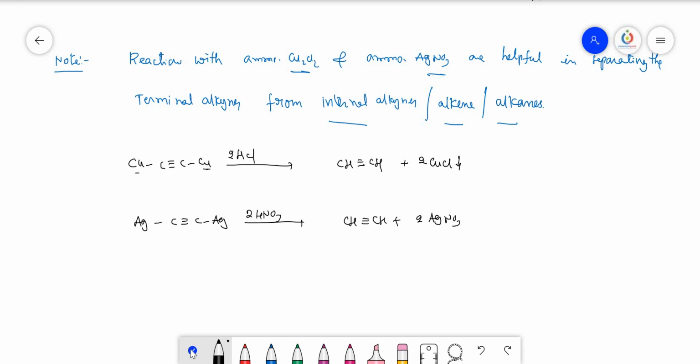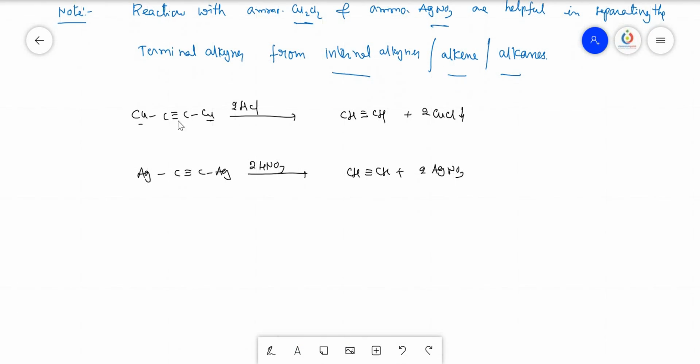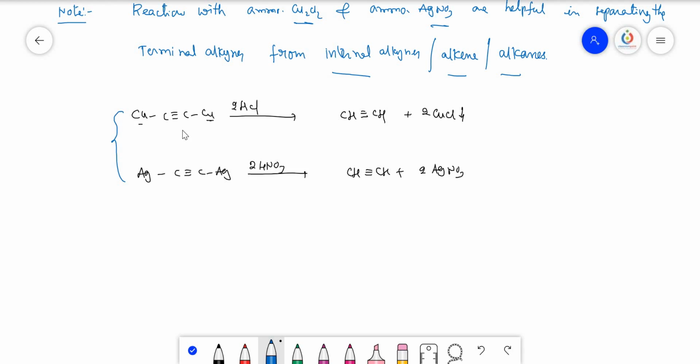And one more caution is that these two compounds are explosive in nature. Copper alkynides and silver alkynides both are explosive. When they become dry, they are very highly sensitive, and when they are dry, they explode very violently.